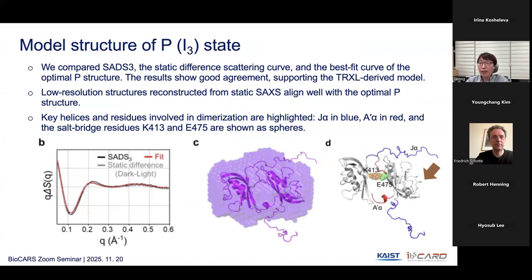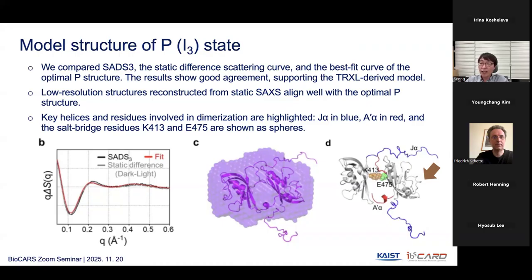And we found a good agreement, which supports the model derived from TRXSS. Additionally, the low resolution structure reconstructed from static SAXS aligned well with this optimal structure too. Here we highlight the key parts for the dimerization. J-alpha helix in blue is fully unfolded.